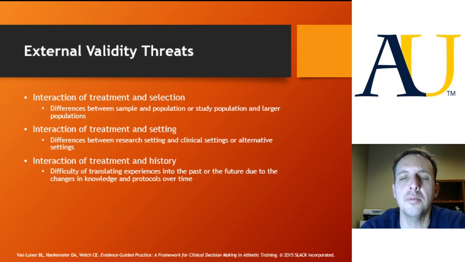So the ability to generalize an older research article to the current time frame may become problematic if significant changes have occurred within the knowledge base during that time. At the same point in time, to generalize a research article into the future and to make that the current end-all be-all for that treatment would be inappropriate.